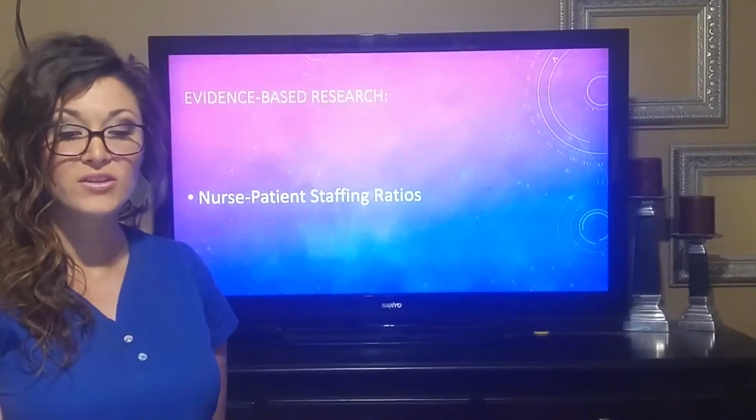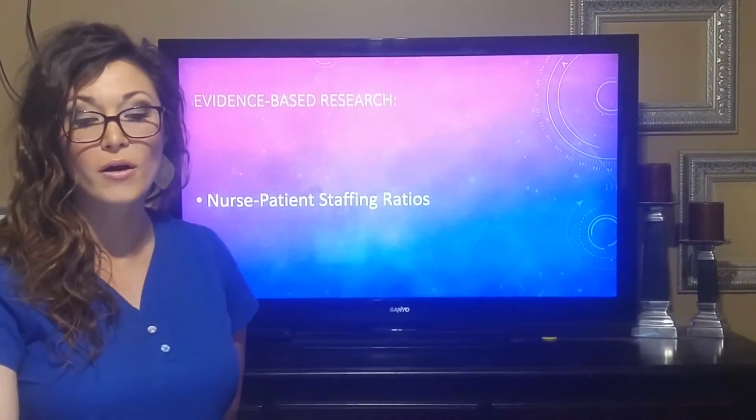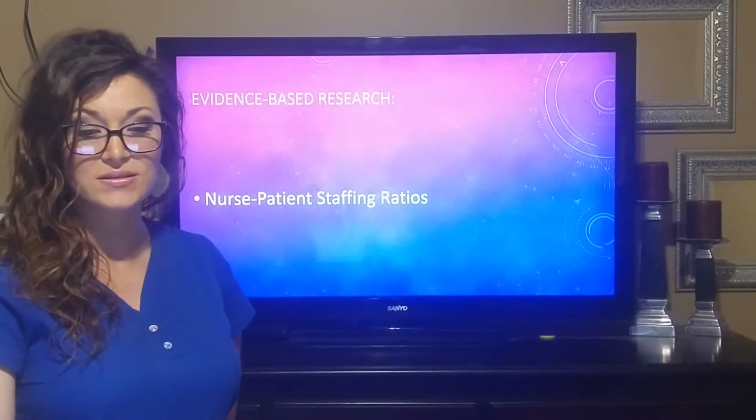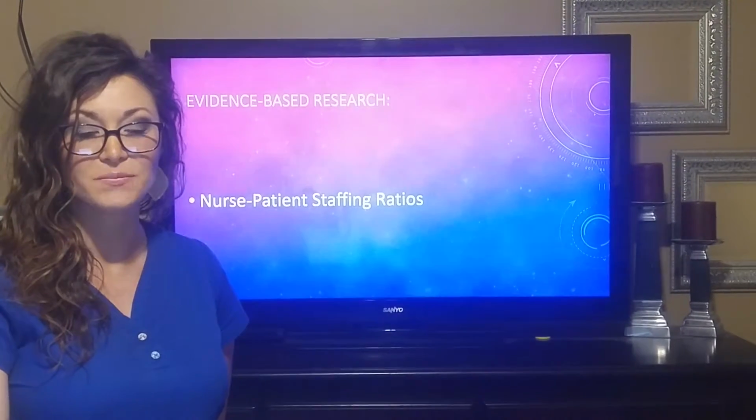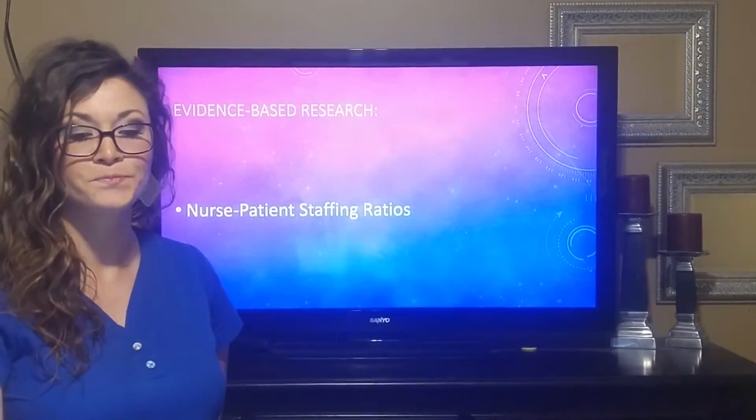The heart failure readmission rate is reduced by 7%, acute myocardial infarctions by 6%, and pneumonia readmissions by 10% when there is a lower nurse-patient ratio.